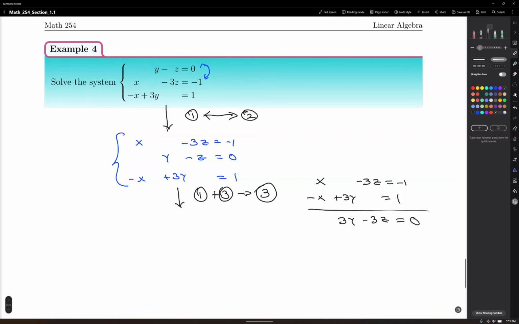And there's a 0 on the right-hand side, so why not? y minus z equals 0. So I'm going to go back to the system and write it. x minus 3z equals negative 1. And then y minus z equals 0. And then another y minus z equals 0.